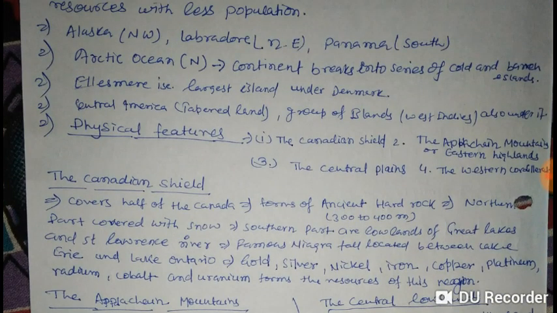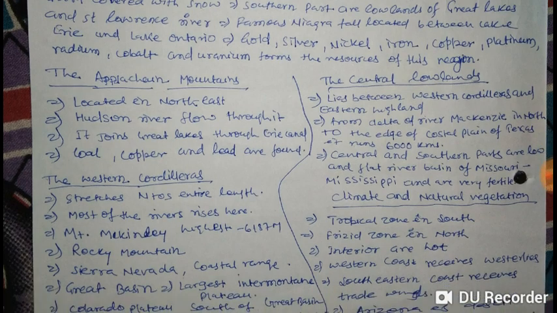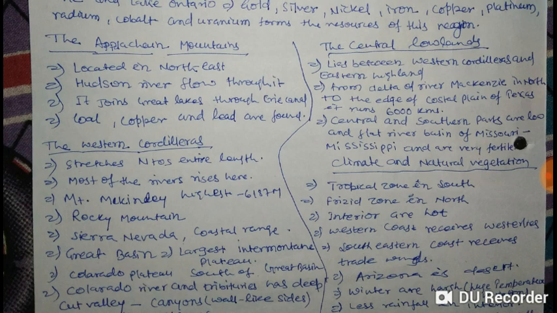Now let's learn about the Central Lowlands. It lies between the Western Cordilleras and Eastern Highlands. From the delta of the river Mackenzie in the north to the edge of the coastal plain of Texas, it runs 6,000 kilometers. I'm talking about the central lowlands.